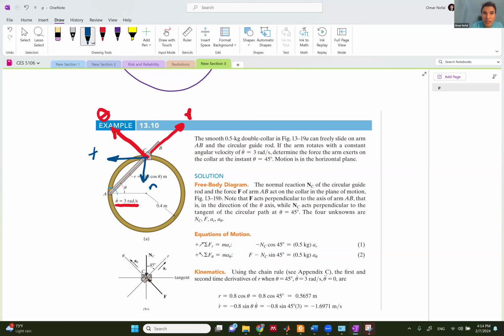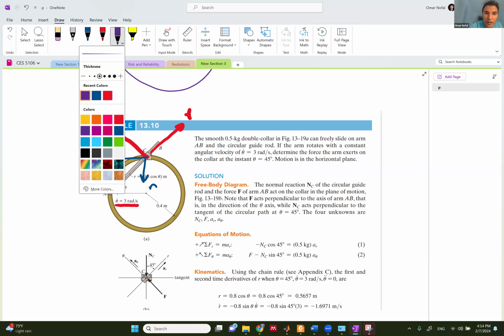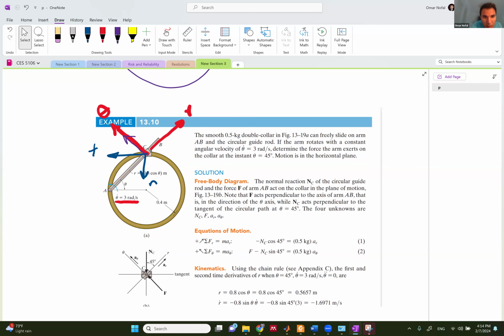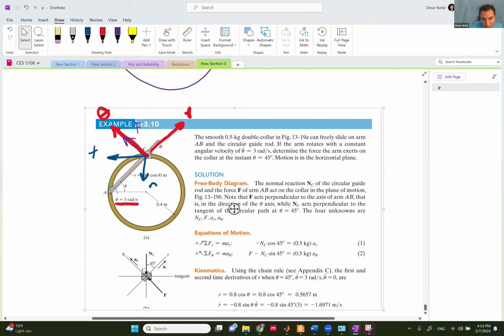I said that P is always perpendicular to the arm in the direction of theta, so this is the P direction. If there's a pushing force, let's say F or P. As you can see, it's put down here in the textbook. It's the same as what I put, just drawn this way. All right, so this is F.